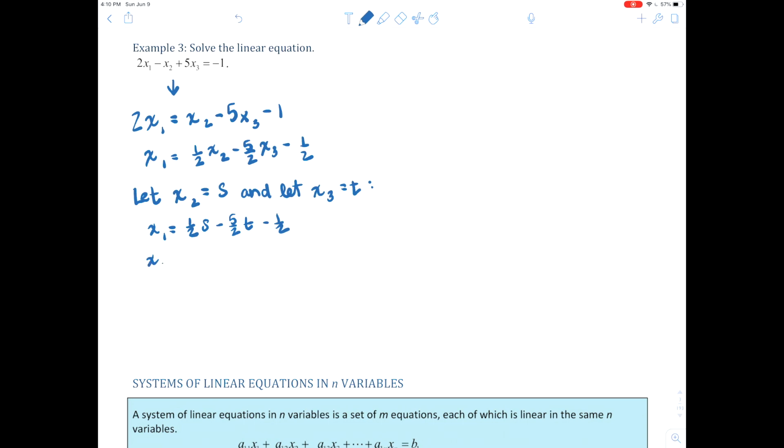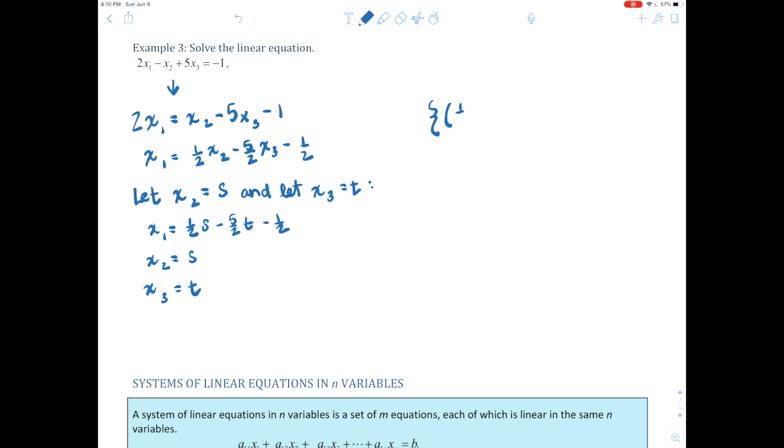And then I'll just rewrite them. x2 we called s, and x3 we called t. So how would we write our solution? Good, we'd have an ordered triple this time.